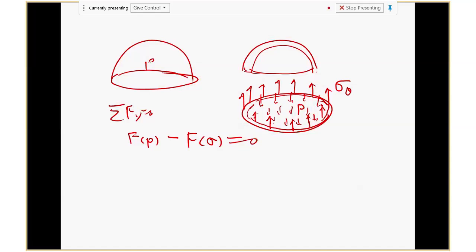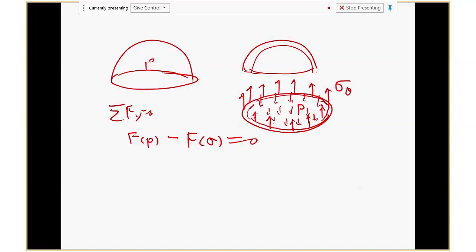Because on this plate, there are only two loads. One is the pressure pushing on the disk area, like the water pressure applying at every location on the bottom. Now if I make a cut, on this bottom edge you're going to have this sigma all the way along the edge.